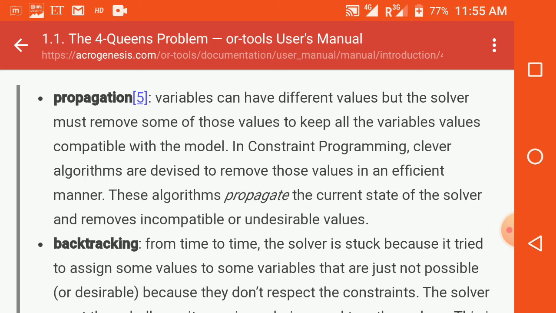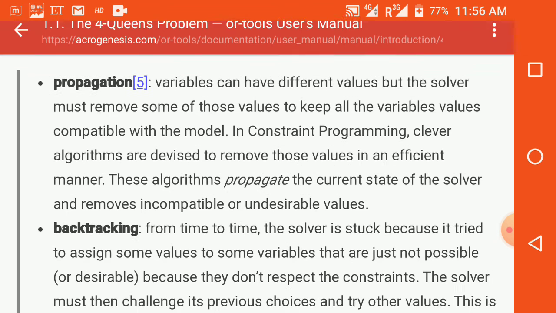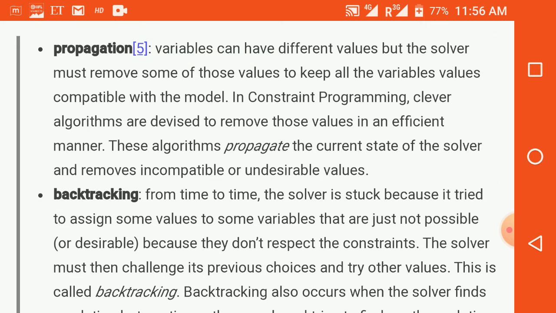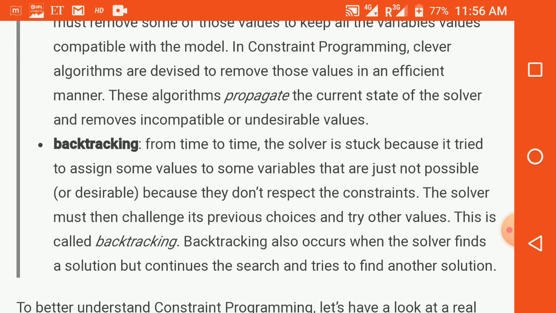Backtracking is that whenever you are solving some problem, and at some stage you are not finding any possibility for a solution, you have to go back and restart the procedure. From time to time the solver is stuck, because it tries to assign some values to some variables that are not possible or desirable because they don't respect the constraint.